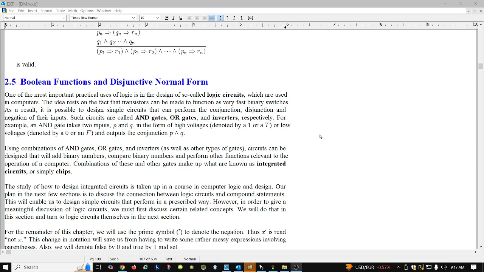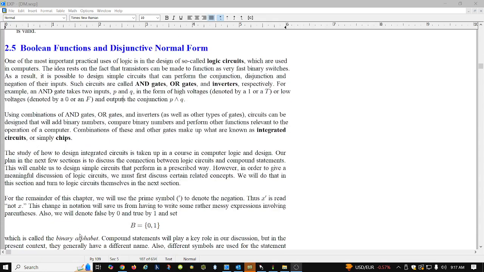But in order to have a meaningful discussion of the design of simple logic circuits, we have to discuss some related concepts. That's where disjunctive normal form comes in. So we're going to do that in this video, and in the next one, we'll actually design some circuits.